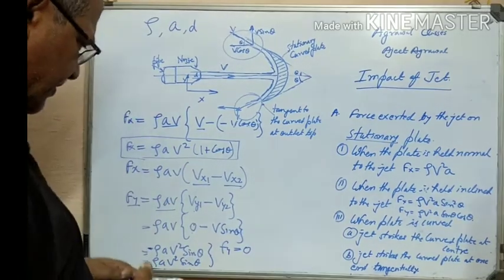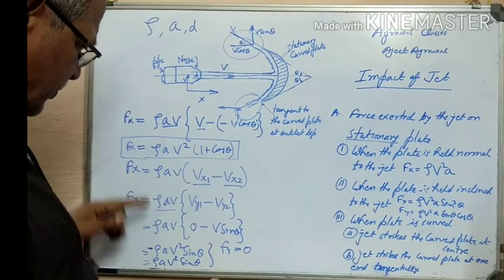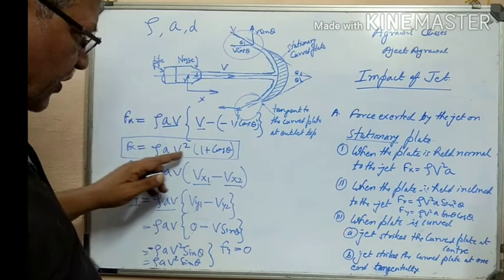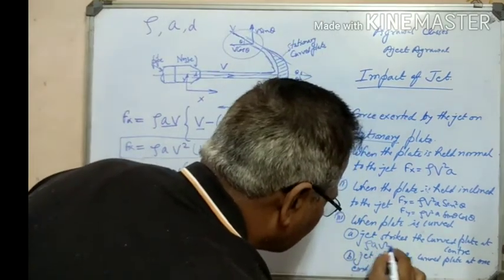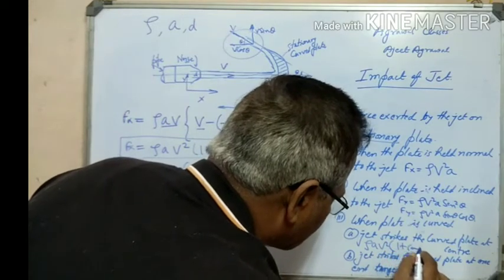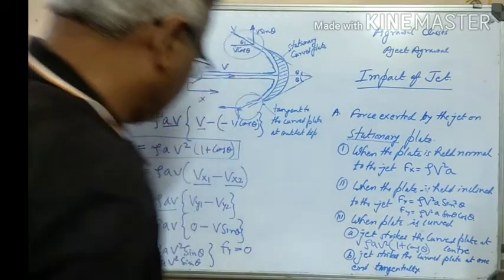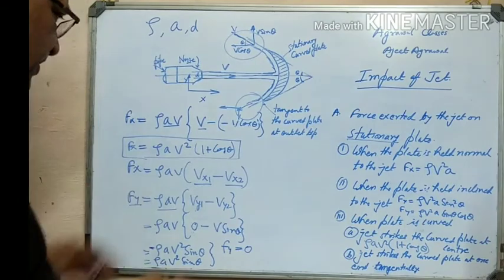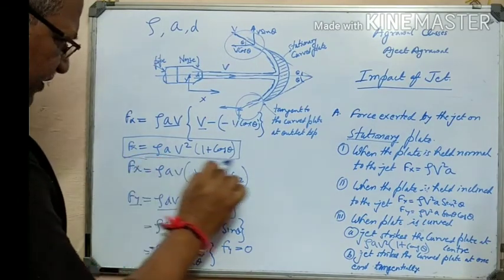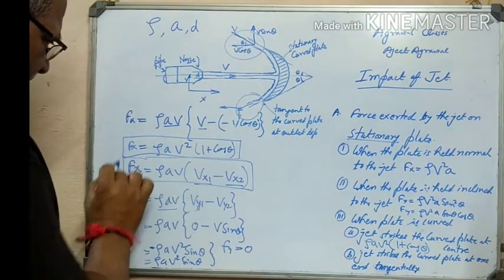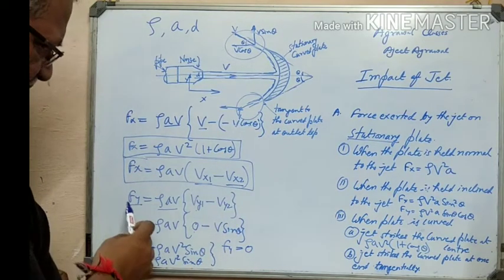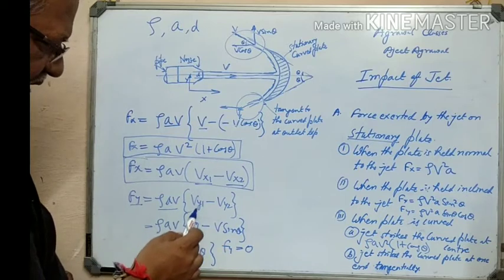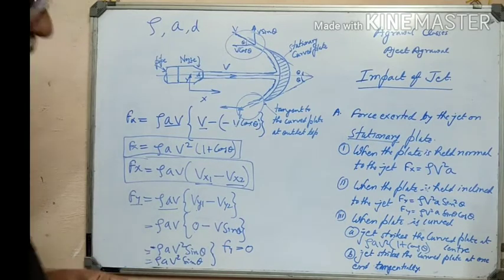So here we can write Fx equals rho a v square (1 plus cos theta). The general formula we are going to use is Fx equals rho a v (Vx1 minus Vx2), and for Fy it is rho a v (Vy1 minus Vy2).